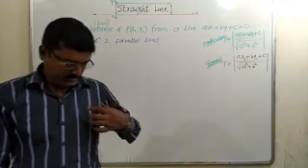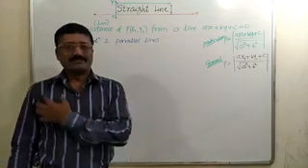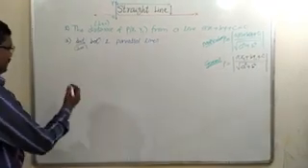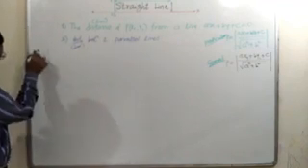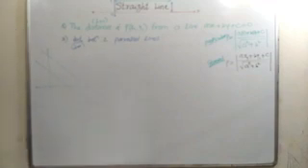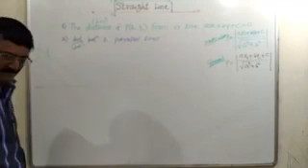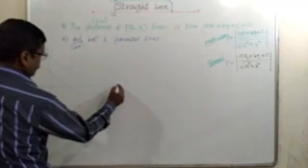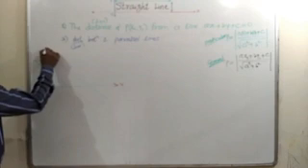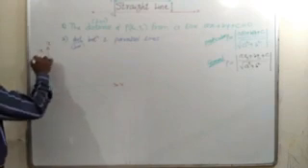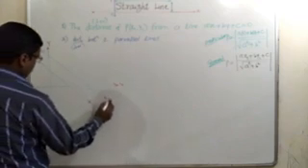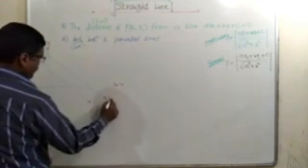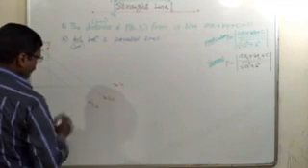You are observing two parallel lines here on my chart. Let us see the same parallel lines here. Suppose one line is this, the second line is like this. This is line L1 and line L2.